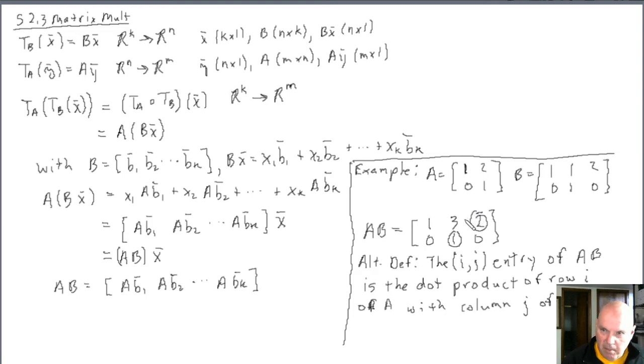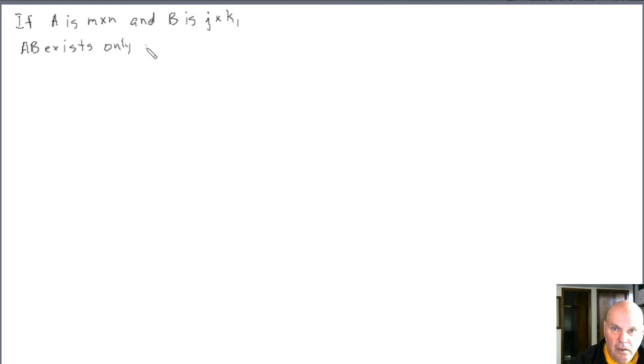There's one point I want to make about matrix multiplication. Okay, let me go on to the new board here. And that's with regard to compatibility for matrix multiplication. So if A is m by n and B is of dimension j by k, AB exists only if n is equal to j.